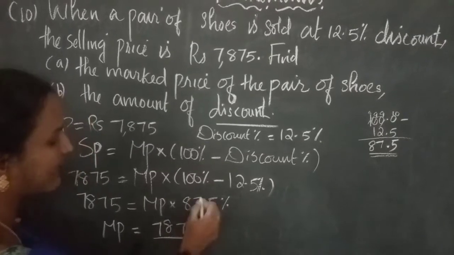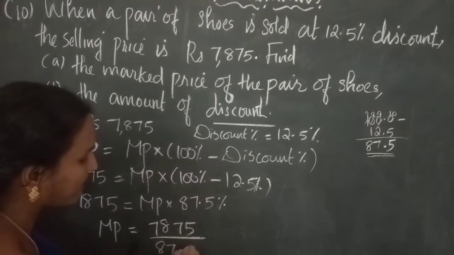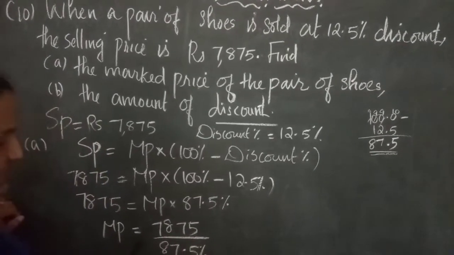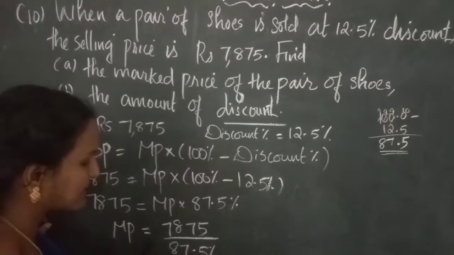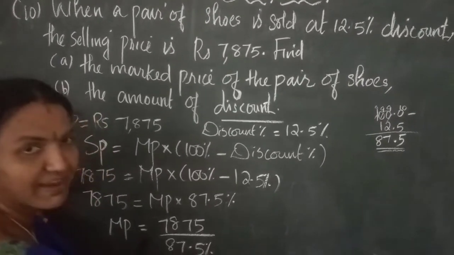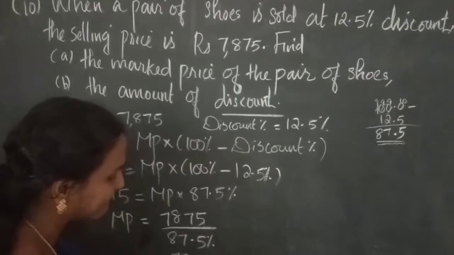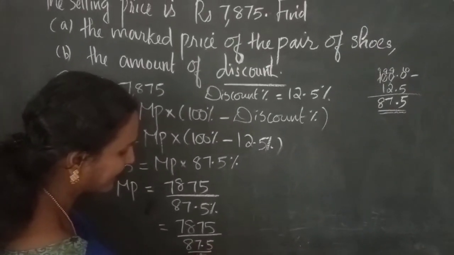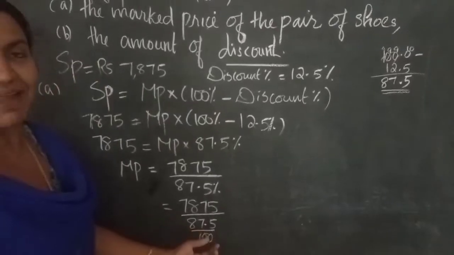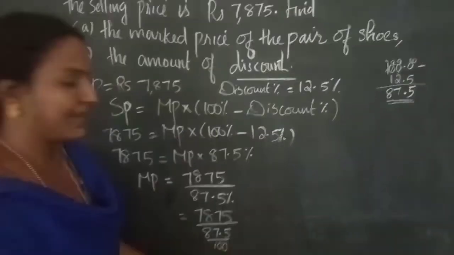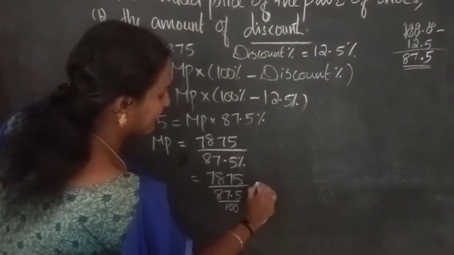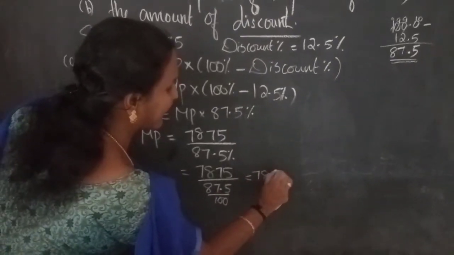So MP is equal to 7875 divided by 87.5 percentage. Percentage means it's a fraction with the denominator 100. So it can be written as 7875 divided by 87.5 over 100.